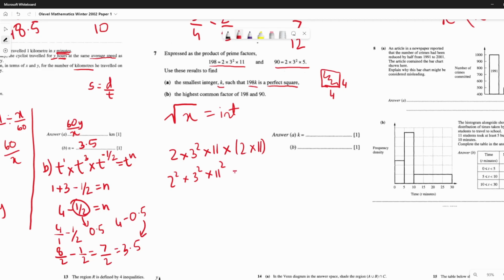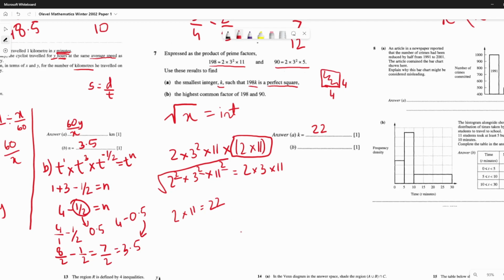And this would then just give us 2 times 3 times 11 if we take the square root of this. And this number is, well, 2 times 11, that's just 22. So our answer would be 22. In its prime factors, that would make our number very easily become a perfect square number.